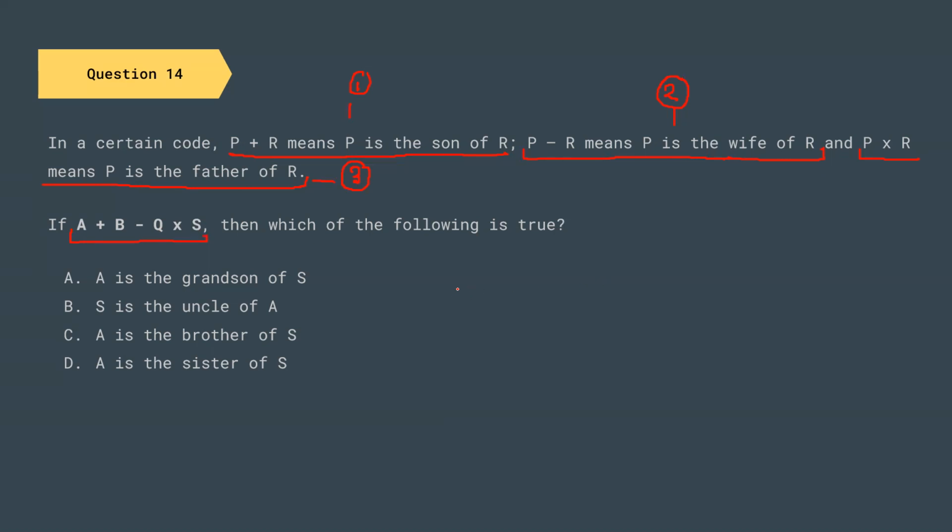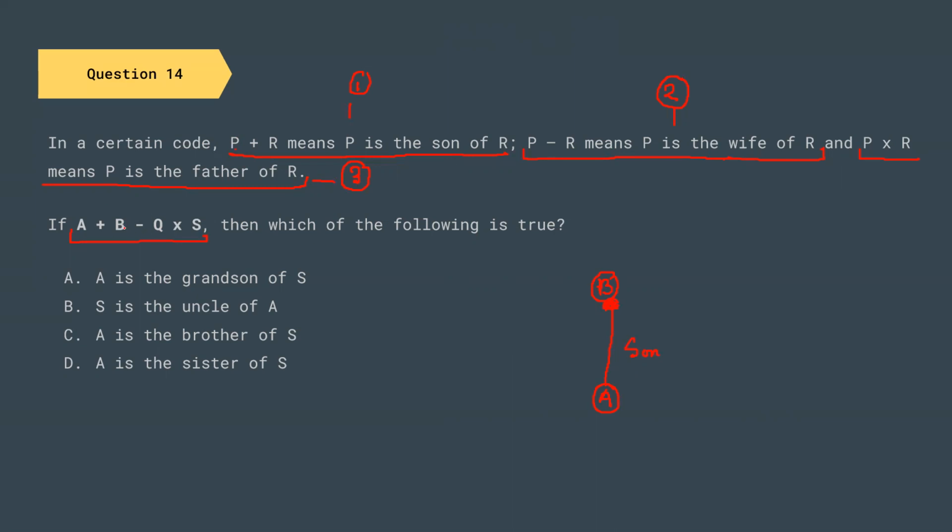We have A plus B, that means A is son of B. A is son of B. So we will write A and here B, because they are from 2 different generations, I am writing one above another. So A is son of B, so I will put an arrow here, and on this arrow I am going to write son.